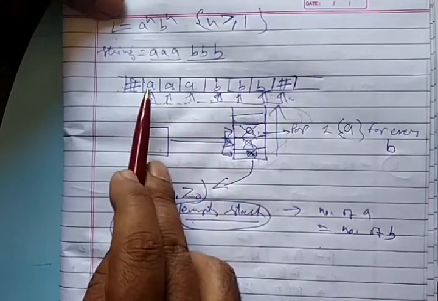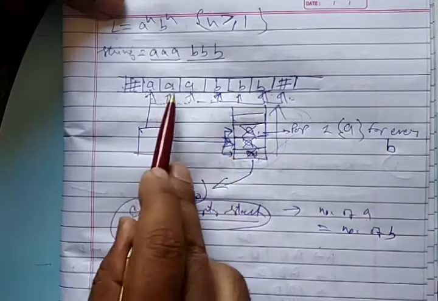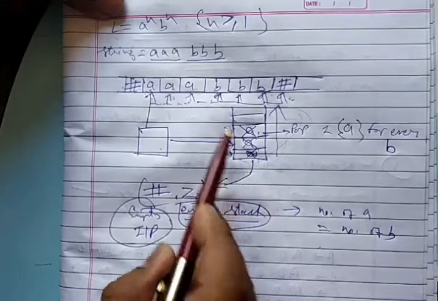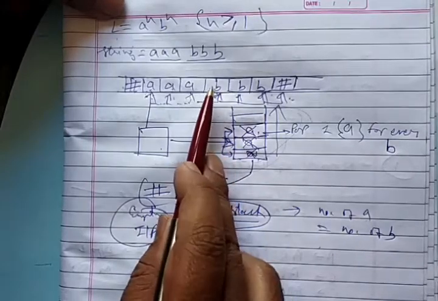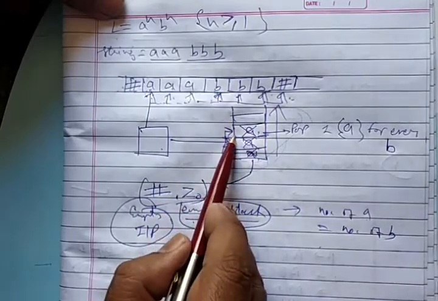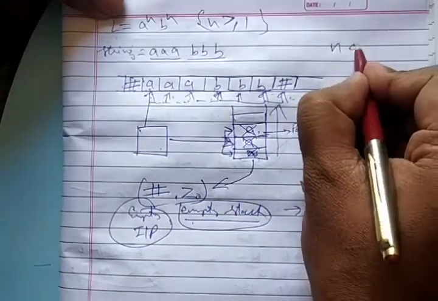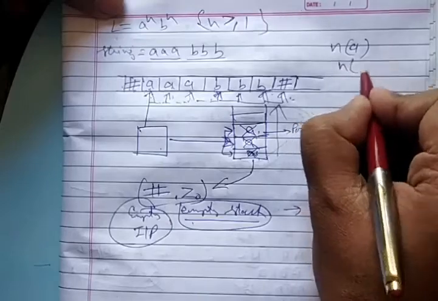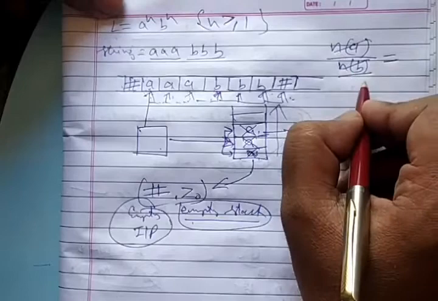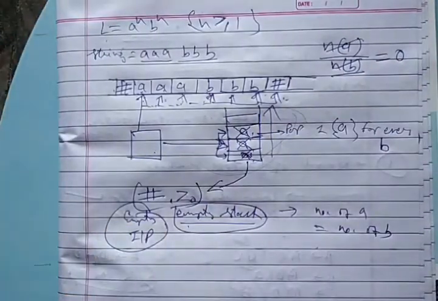I'll push all the A's into my stack, and whenever I get B, for each and every B I'll pop one A. So if I have n number of A's, then definitely for n number of B's I'll pop all the A's. Hence, this will become 0. So that's the whole point.